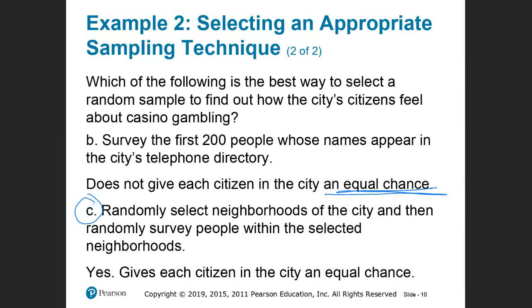Your outcome will be near to surveying the whole population, so your outcome is close to that. So the answer is C. It gives each citizen in the city an equal chance. That's what we need, so you will have a meaningful outcome. So that's the sampling technique.